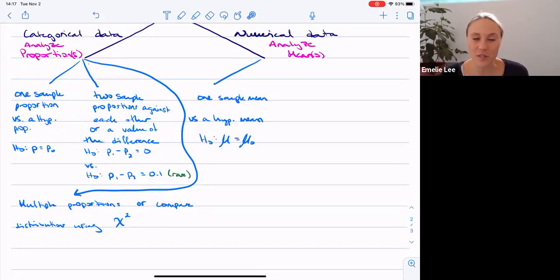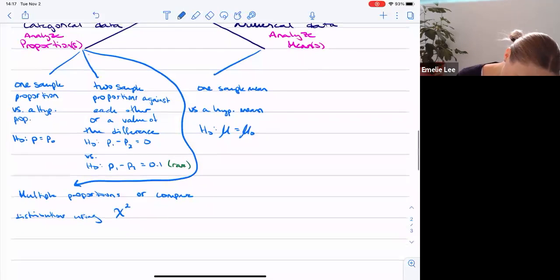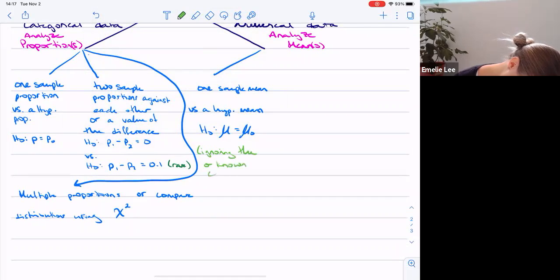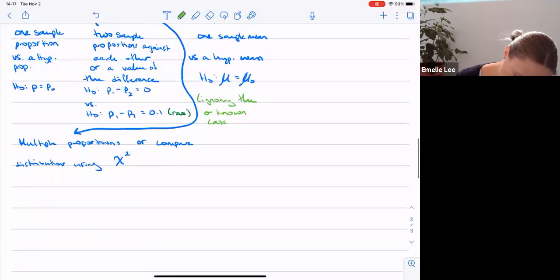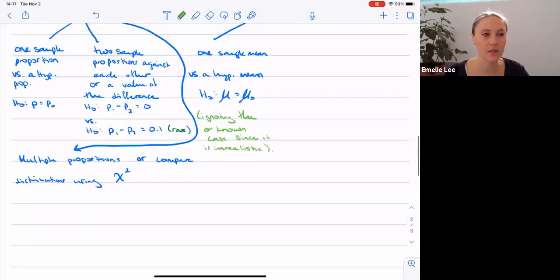So one sample mean versus a hypothesized mean. I'm going to ignore the sigma known case since it is unrealistic. Okay.